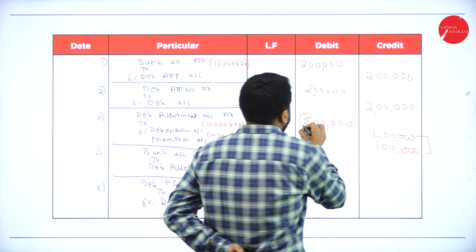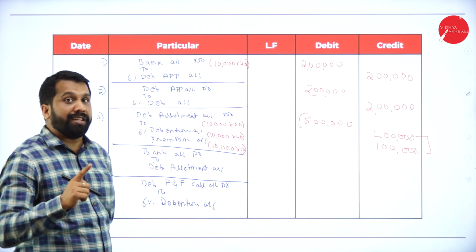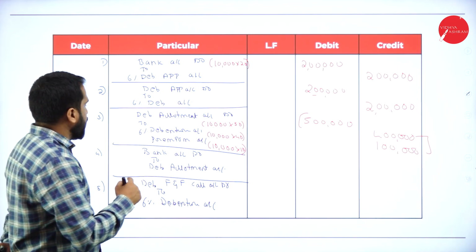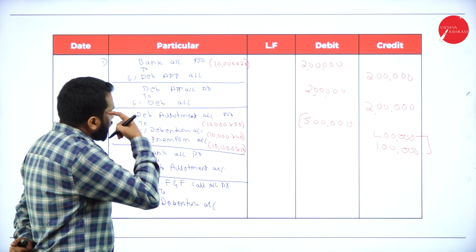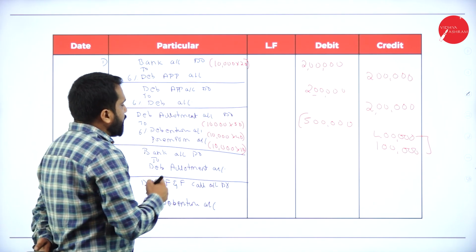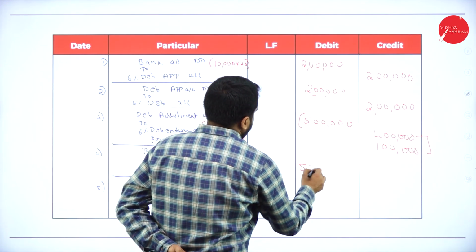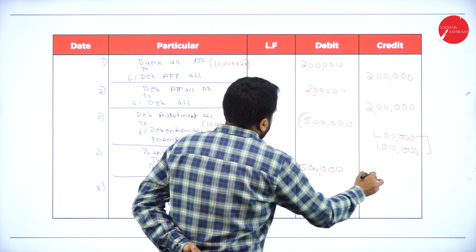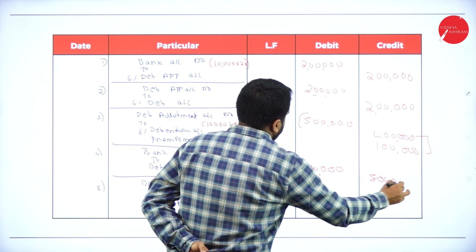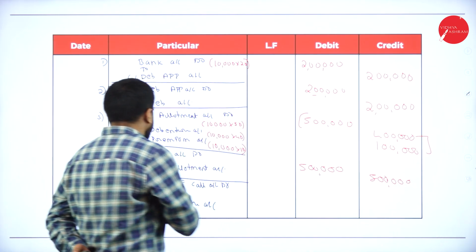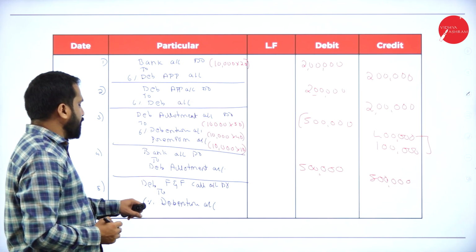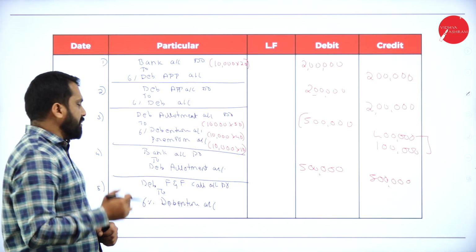Always remember, your debit side always matches with credit side. Then, I'll go with the next one. Bank account debit to debenture allotment account. Same value, 5 lakh. Then come with your debenture first and final call and 6% debentures.